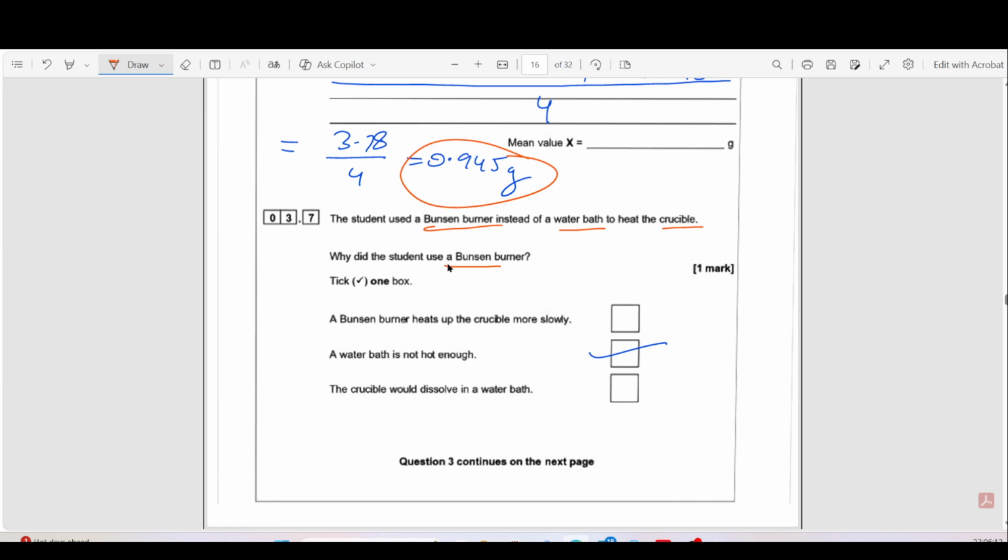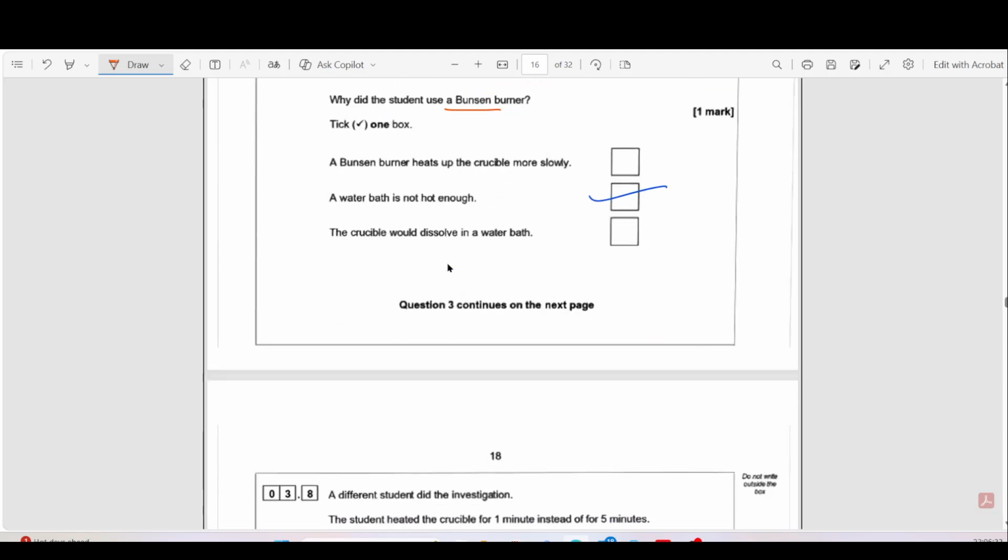Okay, or it can be because this is a combustion reaction. A Bunsen burner provides intense direct heat, right? Also, the crucibles are made of ceramic specifically to withstand the high heat of a flame, and they won't dissolve in water. So that's why.